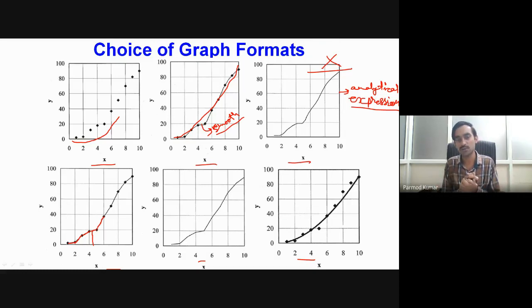One more thing we can consider is that in this particular zone, the slope of this linear fit is small, whereas in this particular zone, the slope of the linear fit is very large. So where the slope is small, there we may go for this type of linear interpolation.